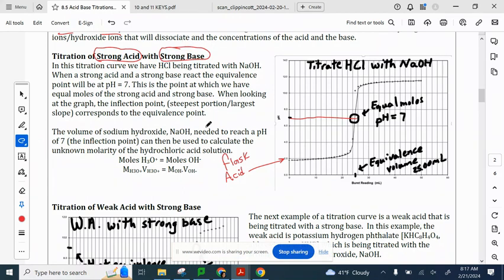So that titration will end up with an equivalence point at 7. At this point right here, they've taken that line, they found the middle of that straight up and down line, and that is your equivalence point. That will come in at 7. And then this is beyond the equivalence point, which is why the pH is greater than 7.